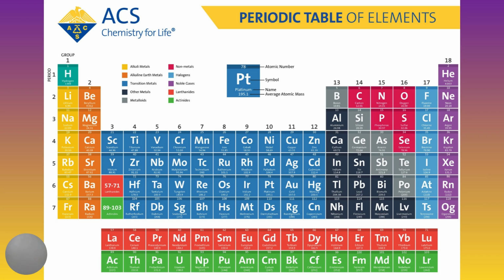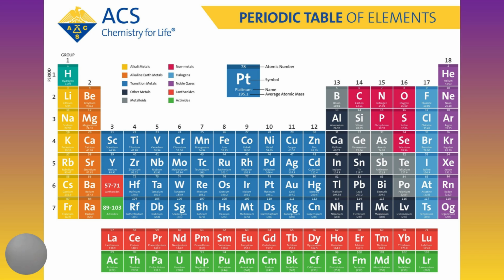Again, those numbers at the top of every box. For example, hydrogen's atomic number is 1, so it has one proton or electron. Next, helium. What is the atomic number of helium? 2.